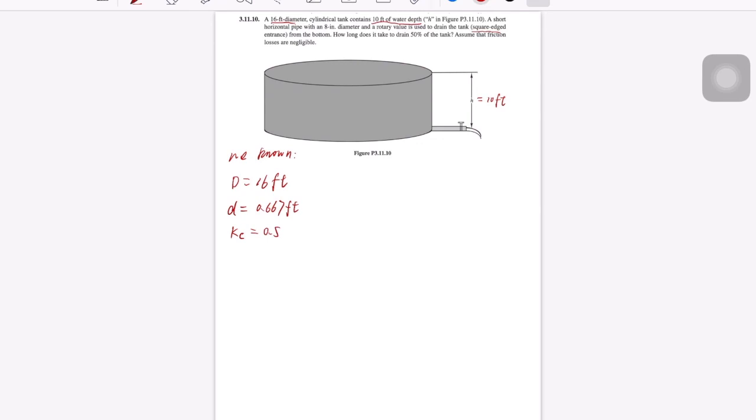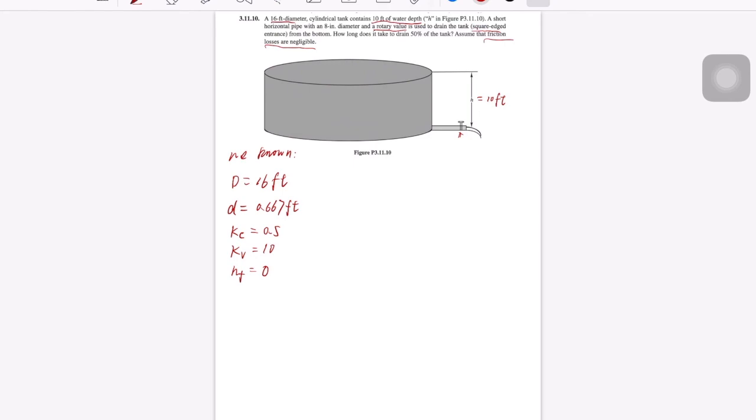And there is a rotary valve, so the coefficient of the valve equals 10. And we know the friction losses are negligible, so the friction loss in the pipe equals 0. And for this problem, we need to determine the time to drain 15% of the tank.